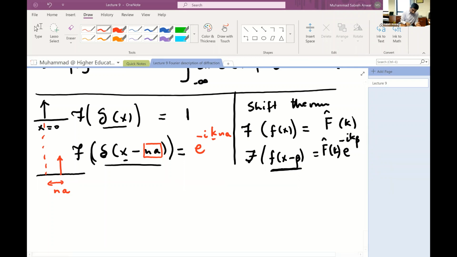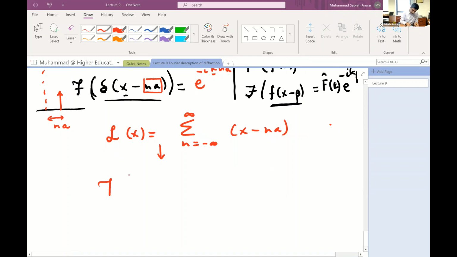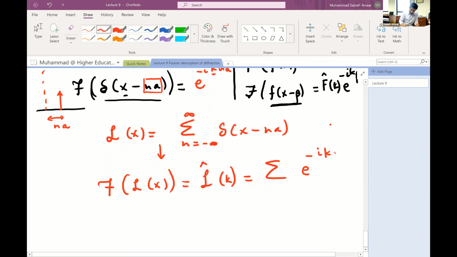So now the Fourier transform of my lattice, the sum of all the Dirac delta functions, if I were to take the Fourier transform of this one-dimensional lattice, this would simply be equal to the sum of e raised to the power minus i k n a, where n goes from minus infinity to plus infinity.